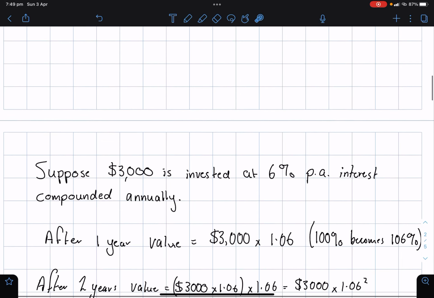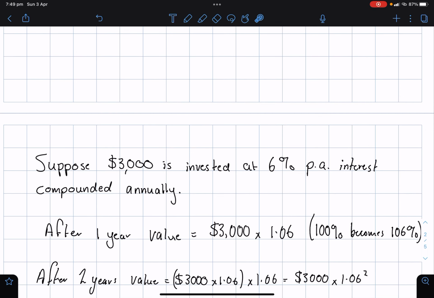After 2 years, we have our value after 1 year, $3,000 times by 1.06, and that's times by another 1.06. Hopefully you remember, anything multiplied by itself is a square, so $3,000 times by 1.06 squared.